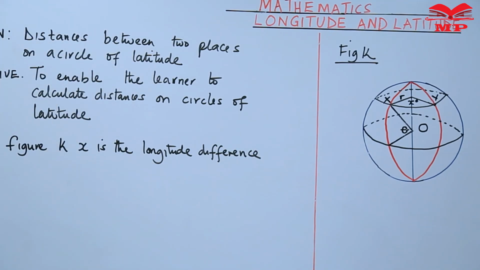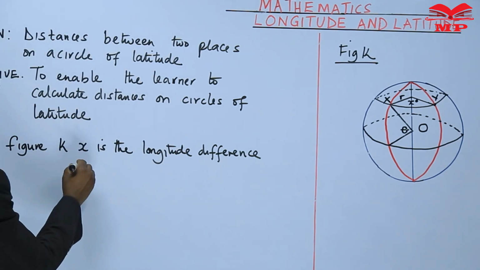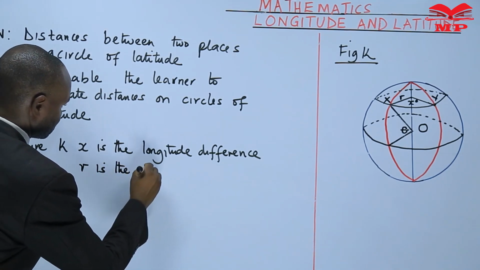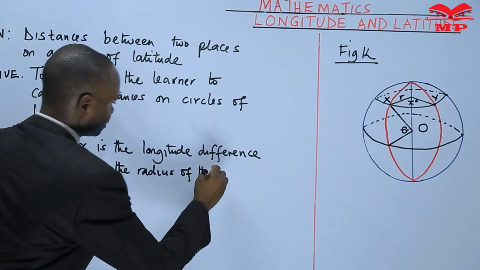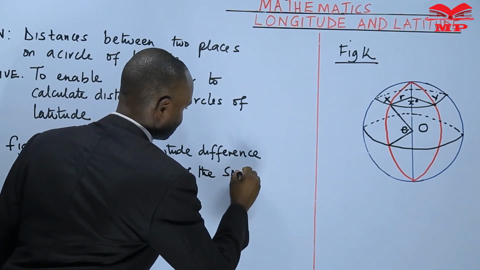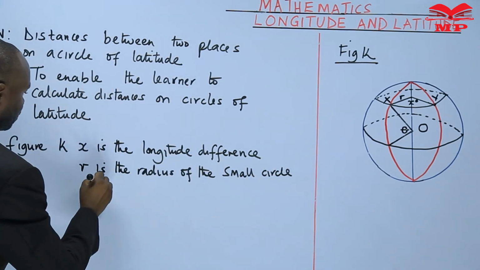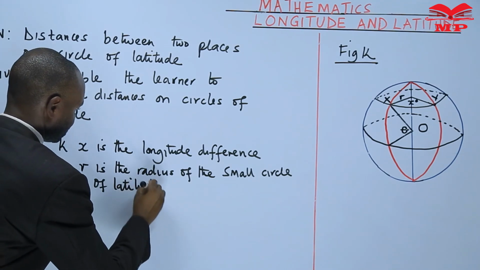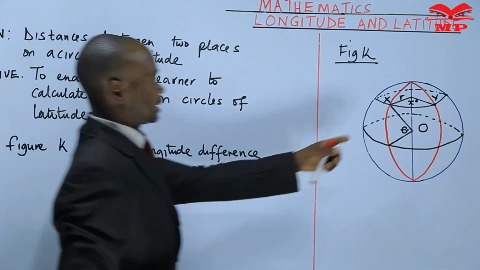X is the longitude difference. r is the radius of the small circle of latitude theta.